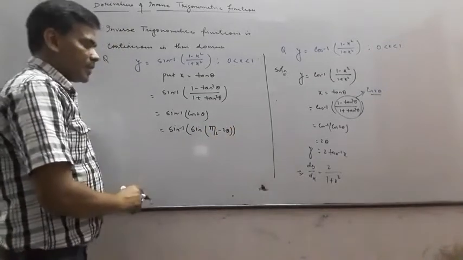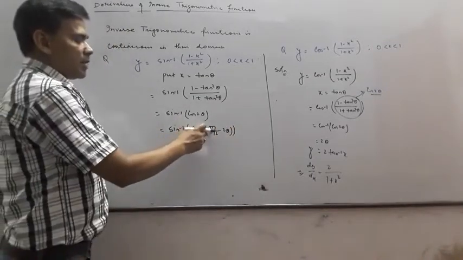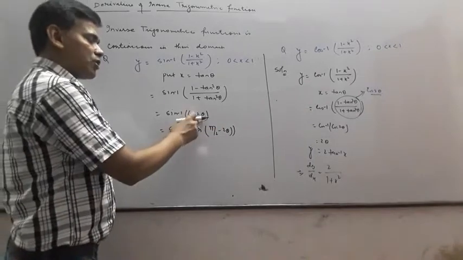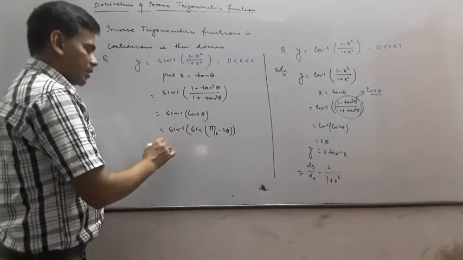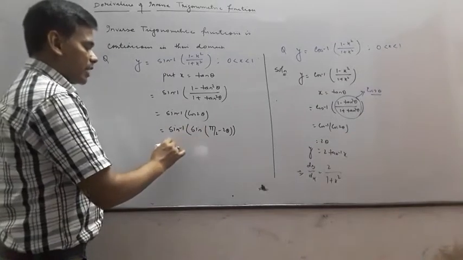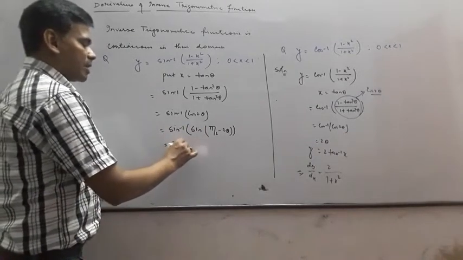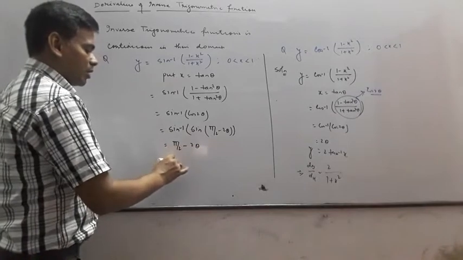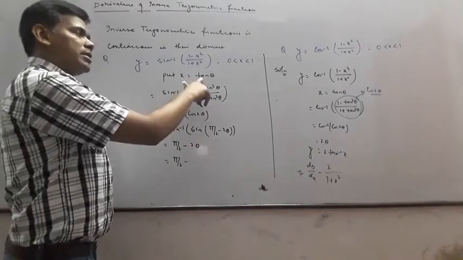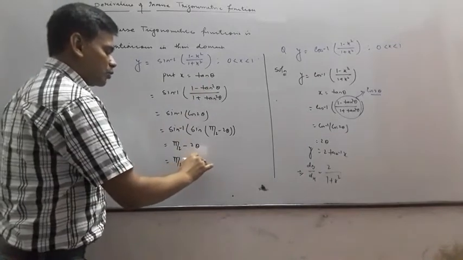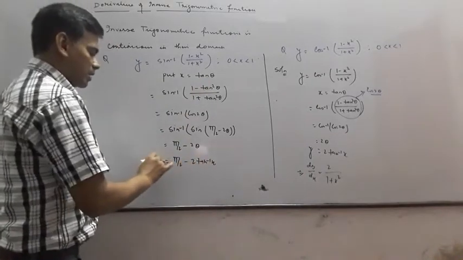You know this formula from class 10. So sin inverse sin gives pi by 2 minus 2 theta. Now replace theta with tan inverse x, so y equals pi by 2 minus 2 tan inverse x.